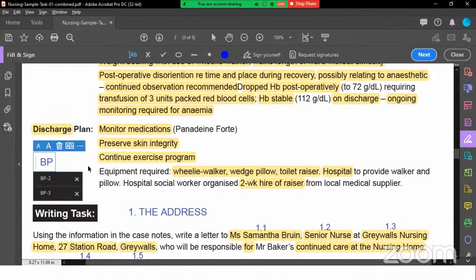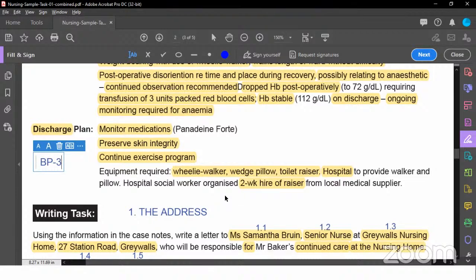Organize your paragraphs. Body paragraph 3, or you can write even 2 or 3 paragraphs.